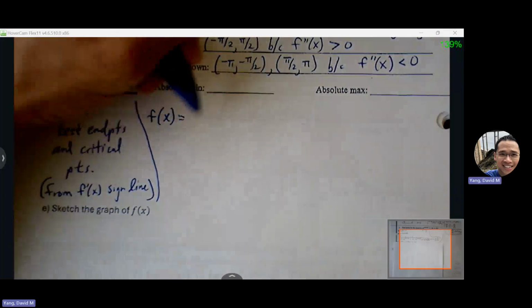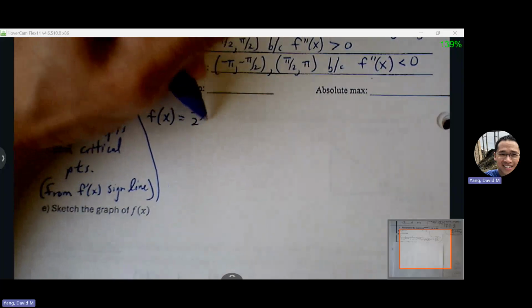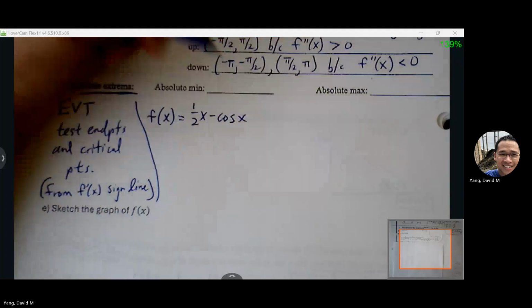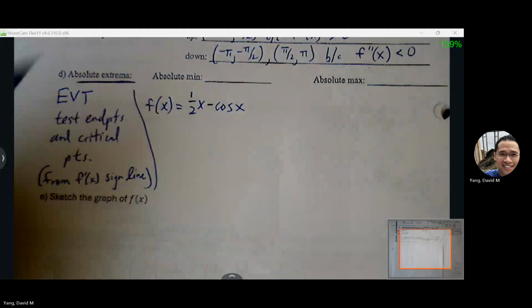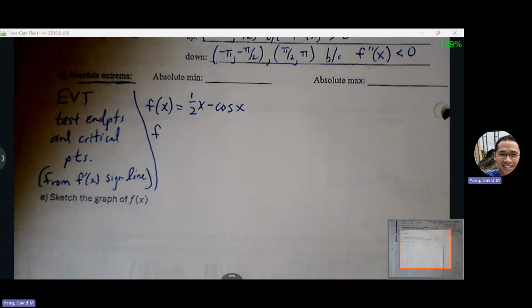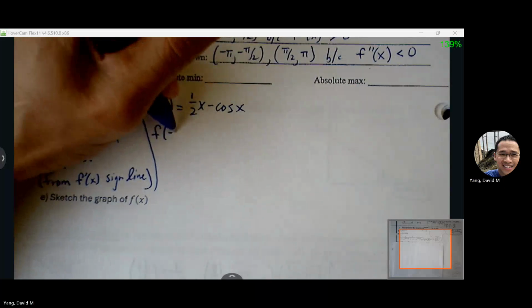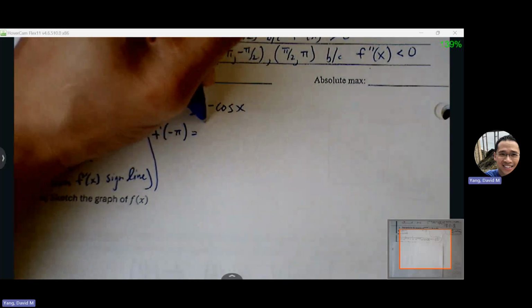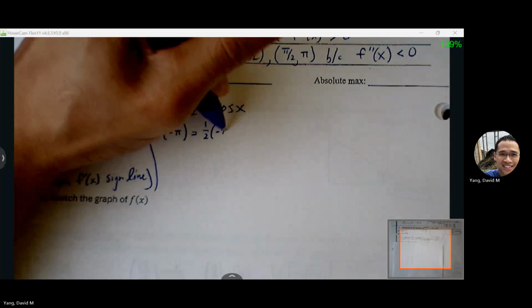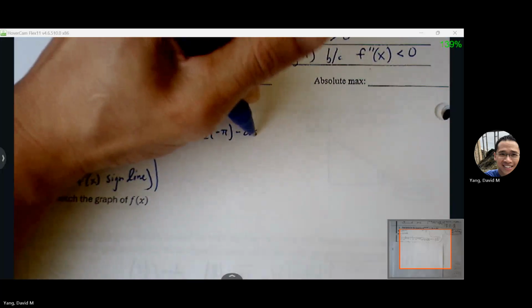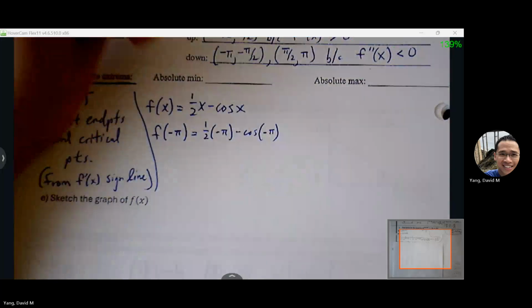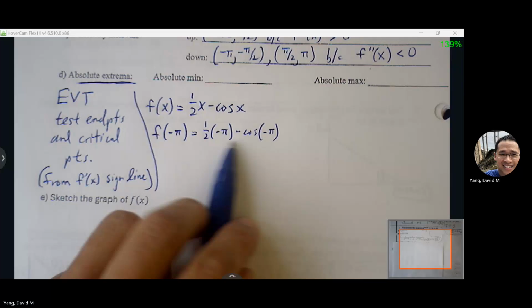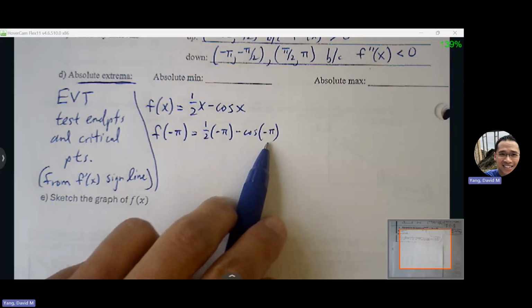Okay, let me write the function so it'll be easy to access. Okay, so let's test negative pi first, or find the ordered pair there. Cosine negative pi, same thing as cosine of pi, which is -1.